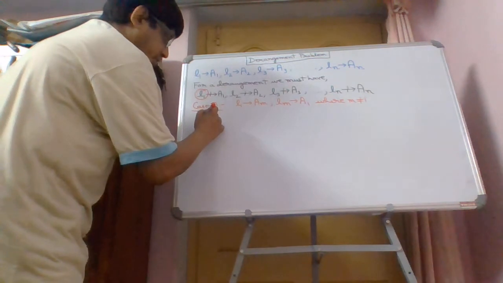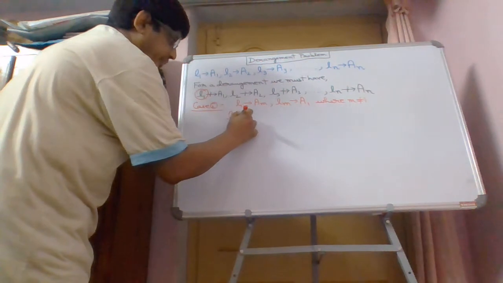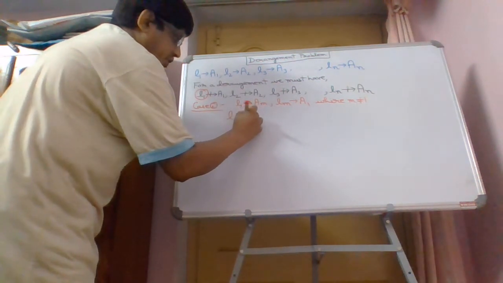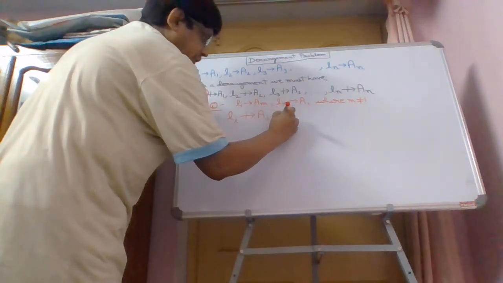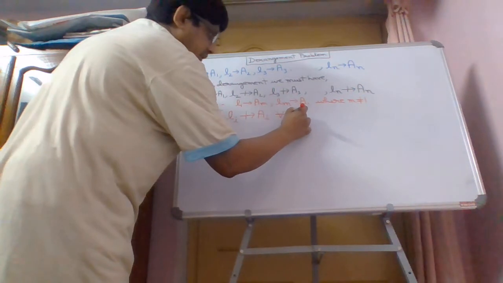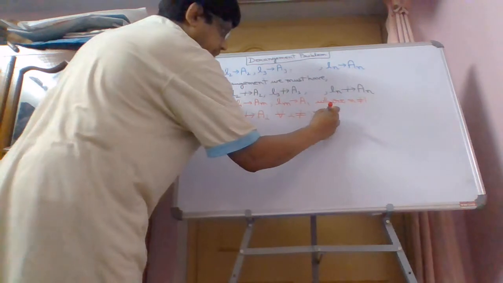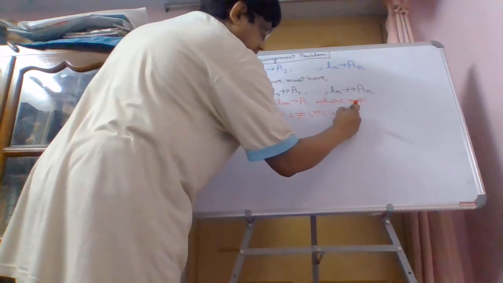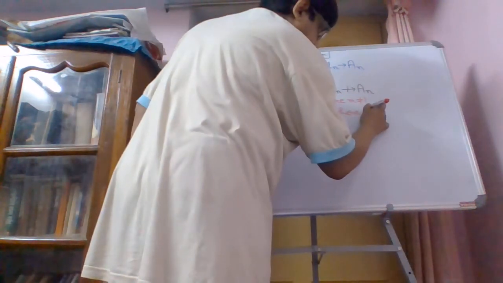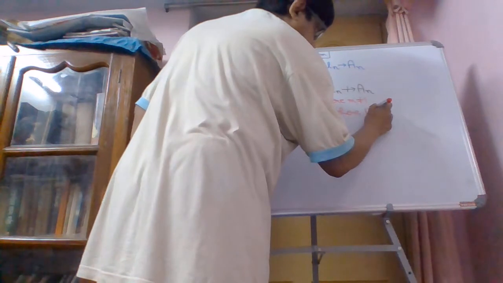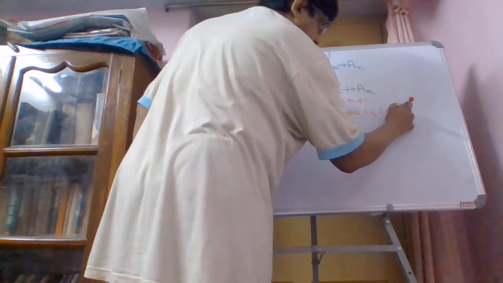That means we must have Li does not reach Ai for all i not equal to 1, m, where i belongs to the set 1, 2, ..., n, or 1 less or equal to i less or equal to n.